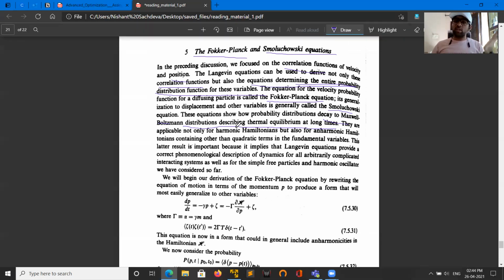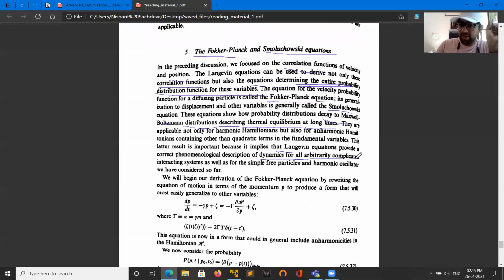They are applicable not only for harmonic Hamiltonians, but also for anharmonic Hamiltonians, which contain other than quadratic terms in the fundamental variables. This latter result is important because it implies that Langevin equations provide a correct phenomenological description of dynamics for all arbitrarily complicated interacting systems, as well as for the simple free particles and harmonic oscillators we have considered so far.